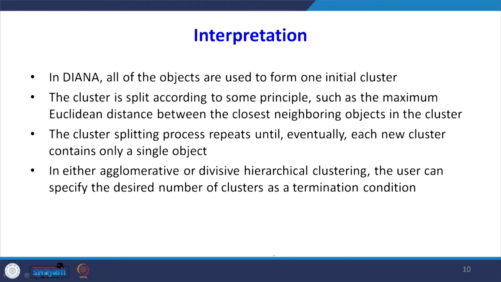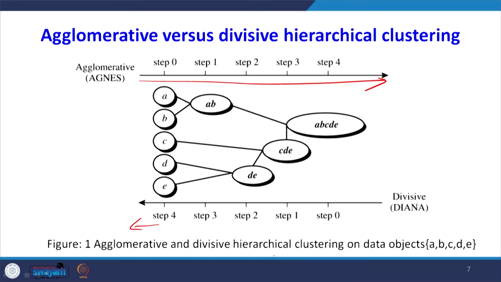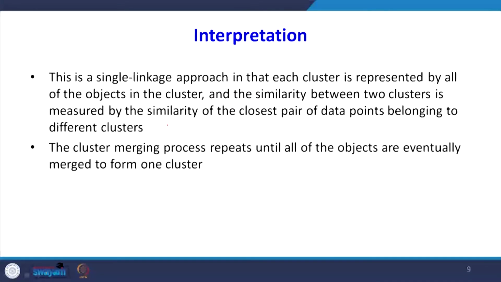In either agglomerative or divisive hierarchical clustering, the user can specify the desired number of clusters as a termination condition. So, here the explanation of the divisive method starts. In step 0 only one cluster is there, in step 4 there are 5 clusters, that is the difference.